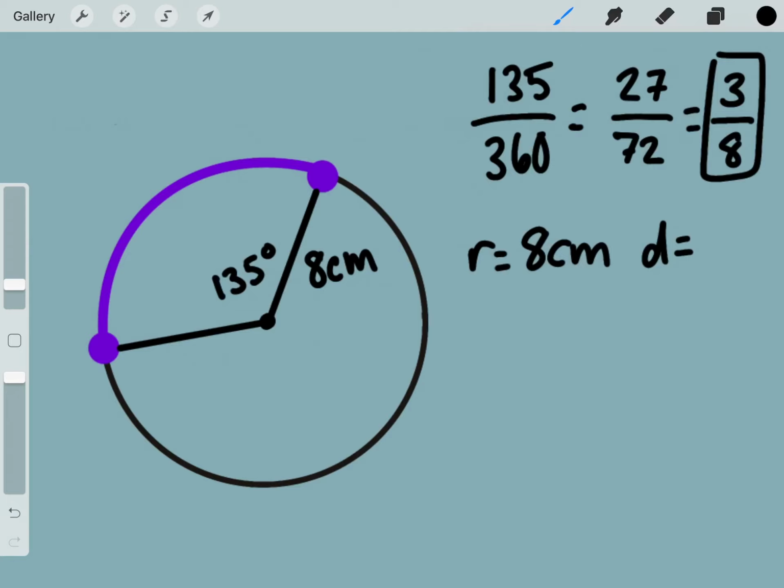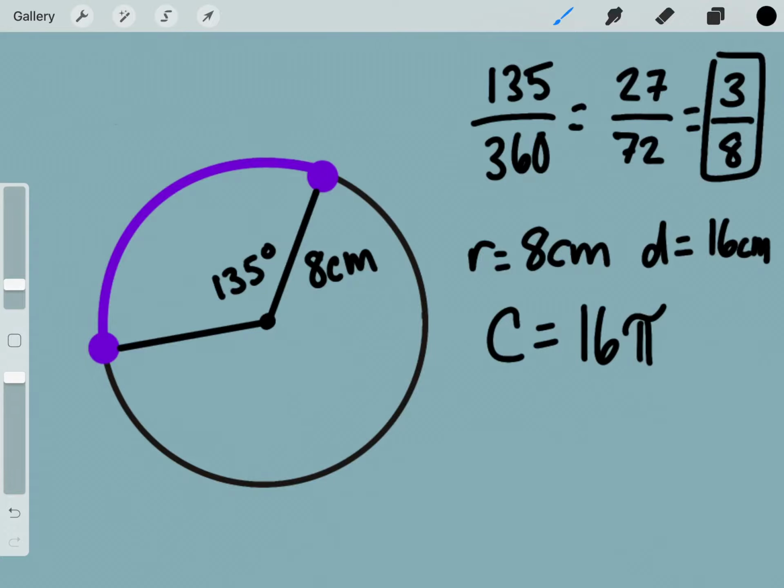So my diameter, if my radius is 8 centimeters, my diameter is 16 centimeters. Okay? If my diameter is 16 centimeters, what is my circumference in terms of pi? Okay? So my circumference is 16 pi.